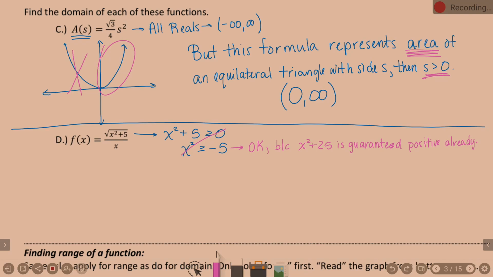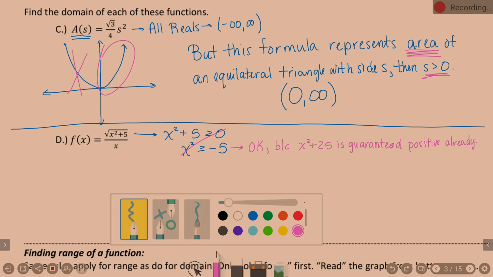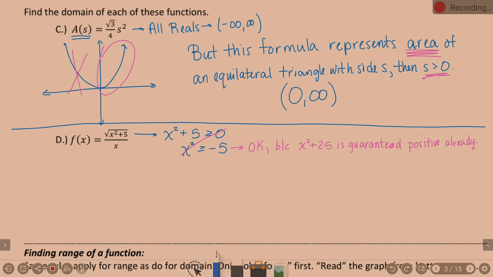Okay, square roots. What's the other piece of information we need to check here? Square roots and denominators. Do we have a denominator? Yeah, we have a denominator, and what's in that denominator? We have a variable.